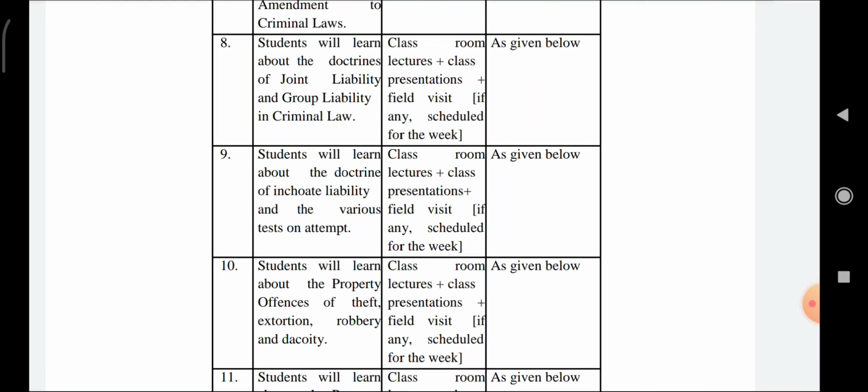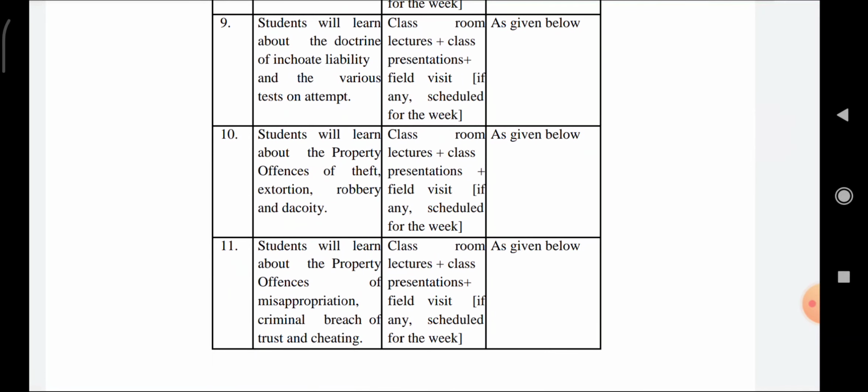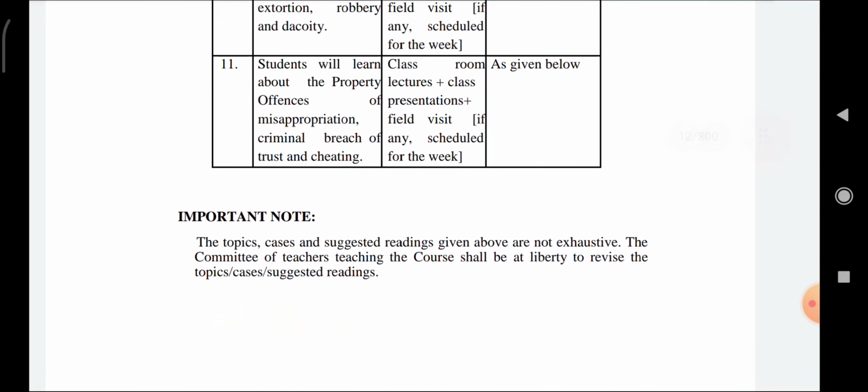Students will learn about property offenses of theft, extortion, robbery, and dacoity from unit 10. From unit 11, students will learn about the property offenses of misappropriation, criminal breach of trust, and cheating.